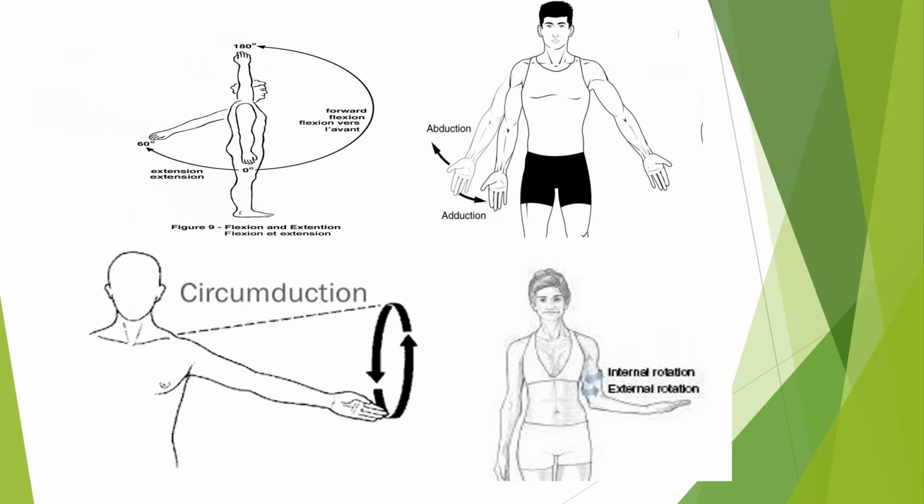Now we see the diagram. Here you see this is the hyperextension. Always go back as far as possible. This is the flexion. The arms are raised.